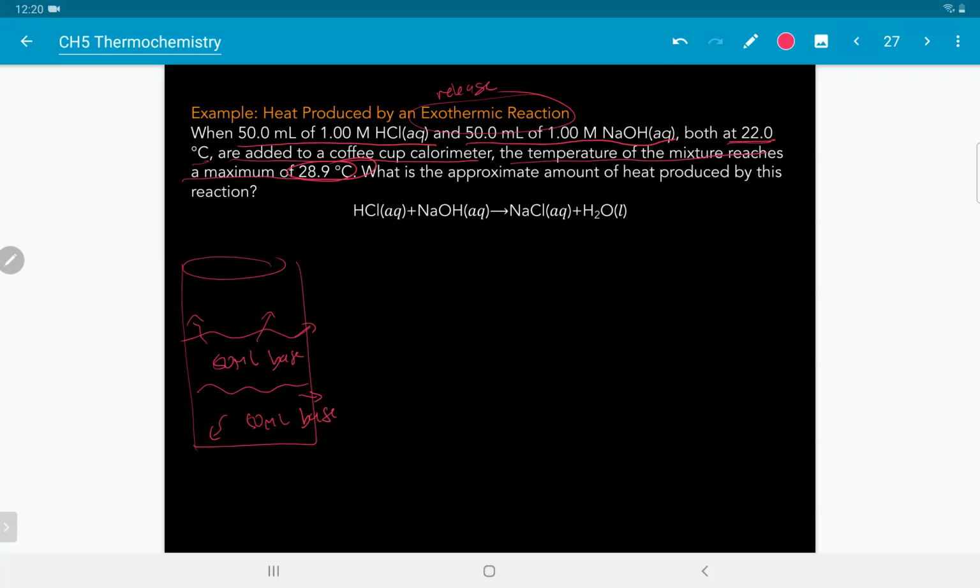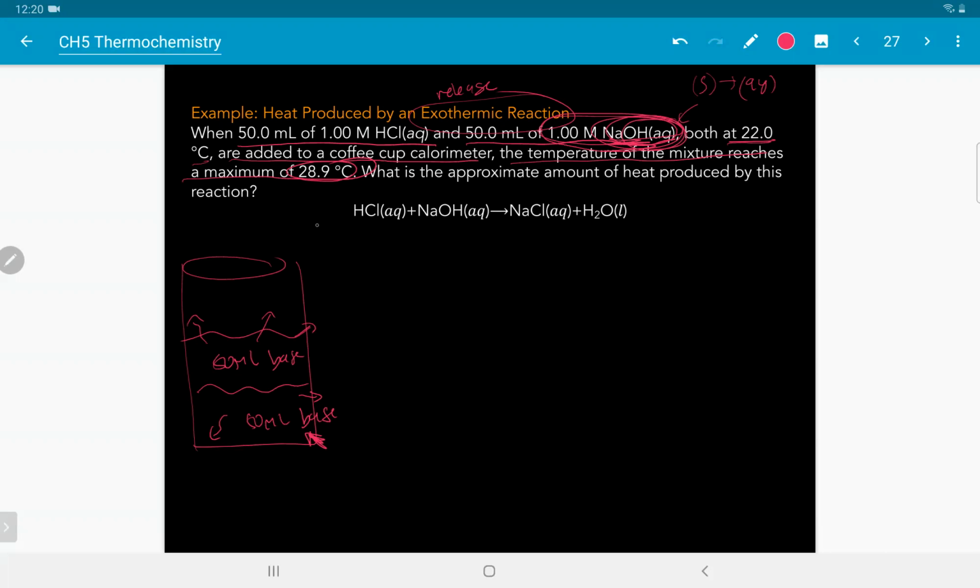Is it the base? Or is it the water? You've got to think about what it means to be an aqueous solution. That means you took a solid and dissolved it in water. So the bulk of the 50 milliliters of base or acid is roughly 50 milliliters of water with just a tiny amount of sodium hydroxide molecules in the water.